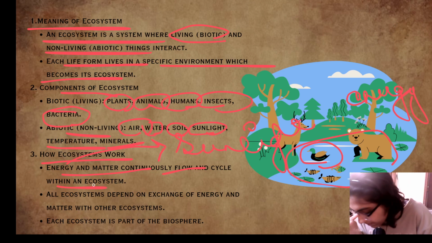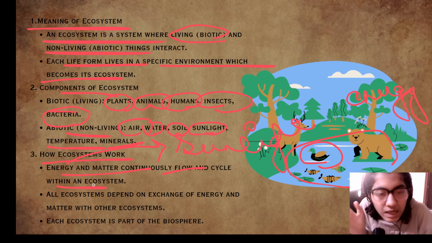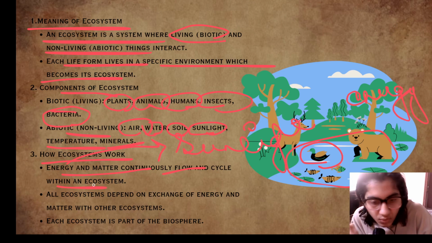Let's take an example of energy. Suppose plants trap the energy, meaning sunlight, and then they make food with the help of that energy through the process of photosynthesis, and so on. So this energy and matter continuously flow and cycle within an ecosystem.